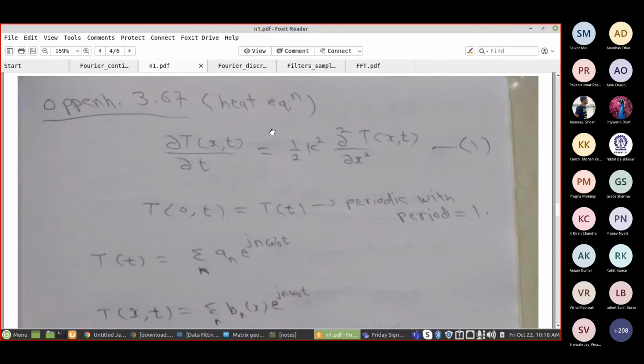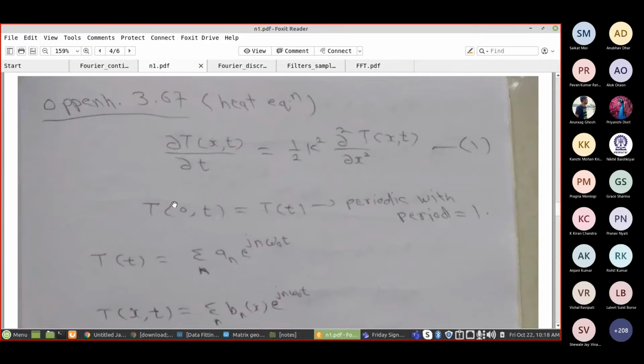We will again discuss the heat equation with respect to Laplace transforms next week or maybe the week after. This is basically an application of Fourier transforms to solve linear partial differential equations. So let us see how to solve this PDE.